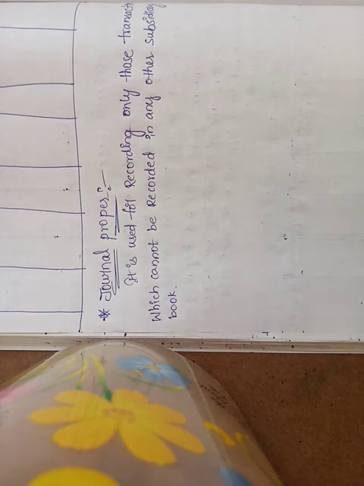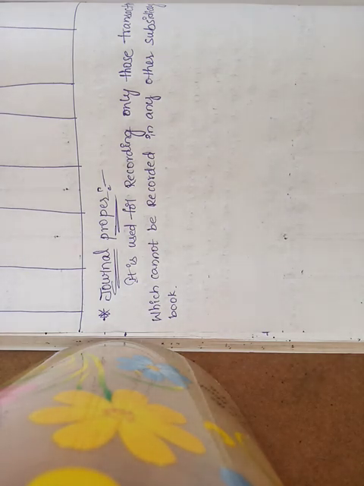So in this journal proper, we record opening entries, rectifying entries, transfer entries, adjustment entries, and closing entries.